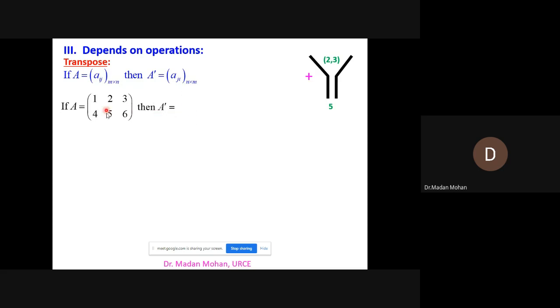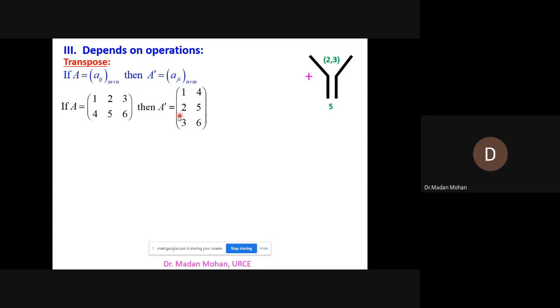What is the transpose of this? The first row 1, 2, 3 comes as a column 1, 2, 3. And the second row 4, 5, 6 comes as a column. This is the output. Input, output, and the name is transpose. The machine name is transpose, please. Transpose is not a type of matrix, please. Transpose is an operation. It converts a matrix to another matrix. Okay, this is A. This we denote with A dash.